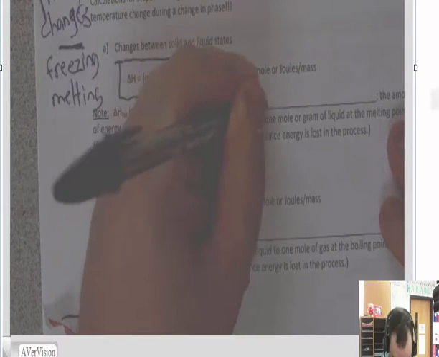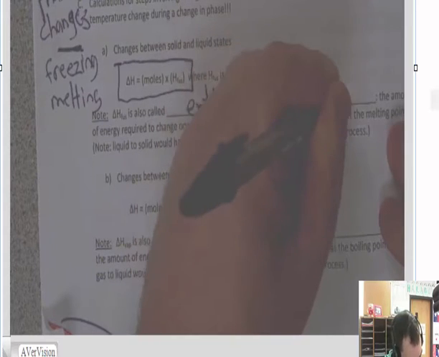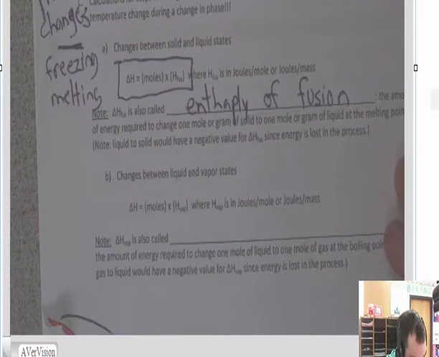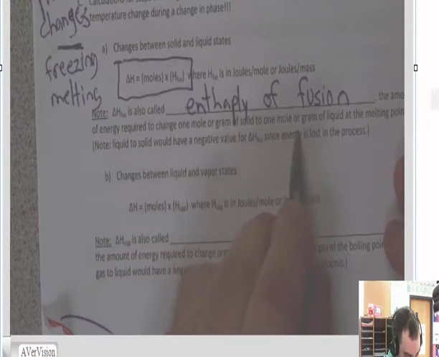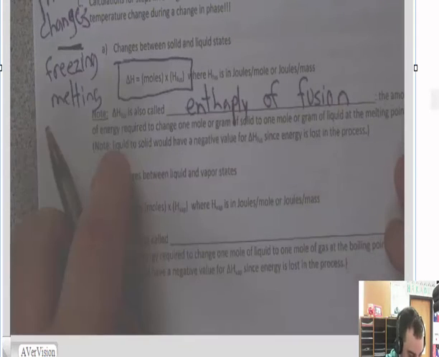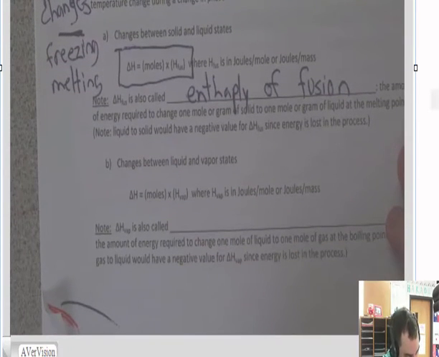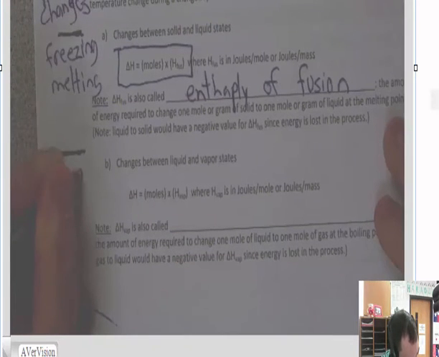Enthalpy of fusion is the amount of energy required to change 1 mole of solid to liquid at its melting point. Liquid to solid would have a negative heat of fusion. And then you can do the flat part too for vaporization or condensation.